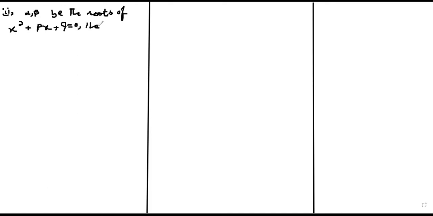Then find the value of alpha square beta, alpha cube beta plus alpha beta cube.